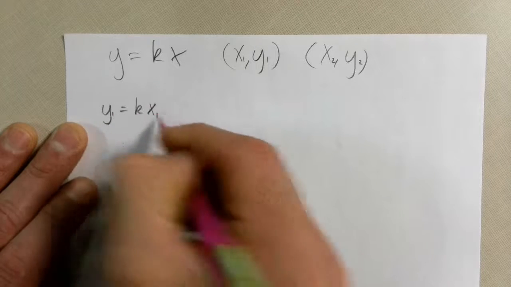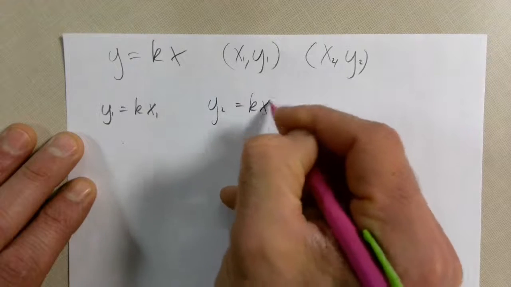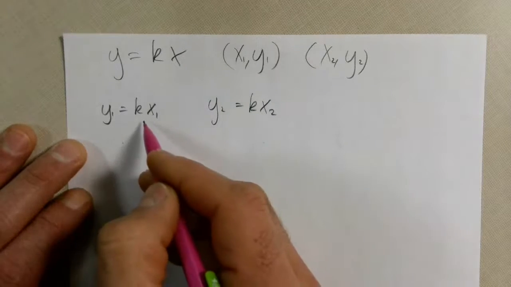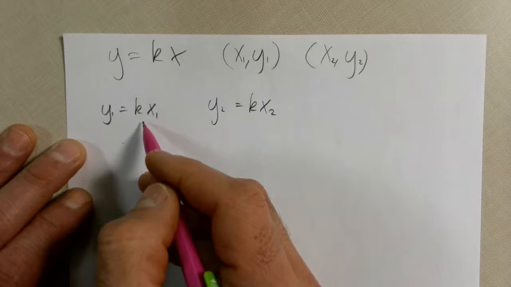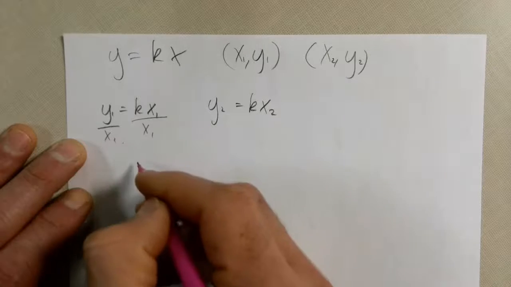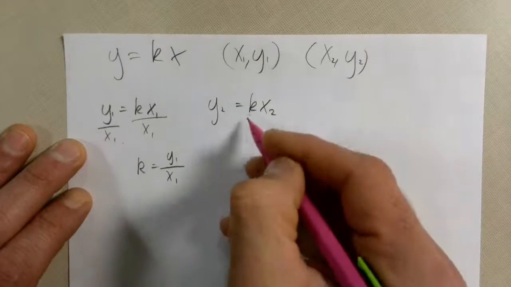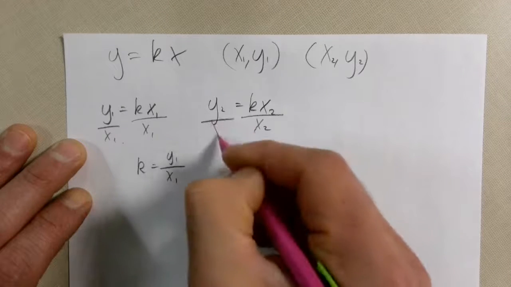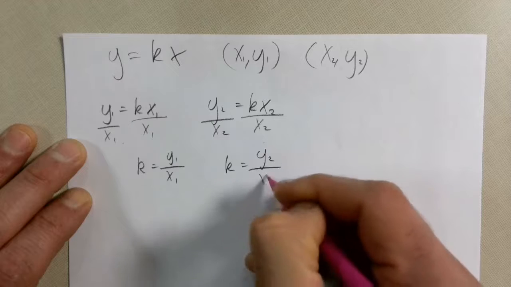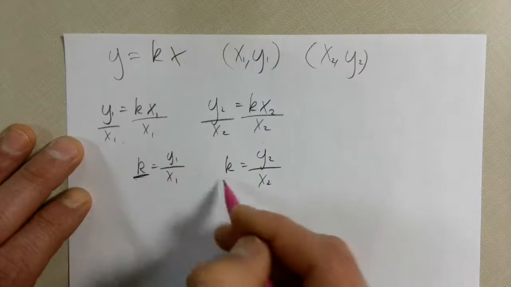It's got to work. And Y2 is equal to K times X2. It's got to work. Now, if I divide both of these by X, look what happens. I get K is equal to Y1 over X1. Well, if I divide this one, then I get K is equal to Y2 over X2. The K's stay the same.